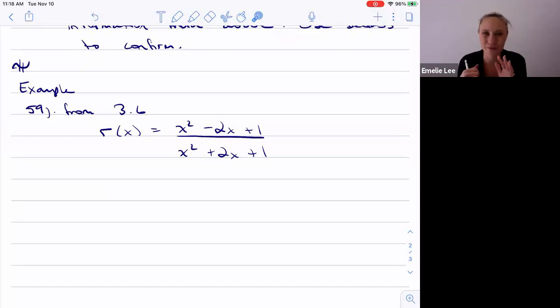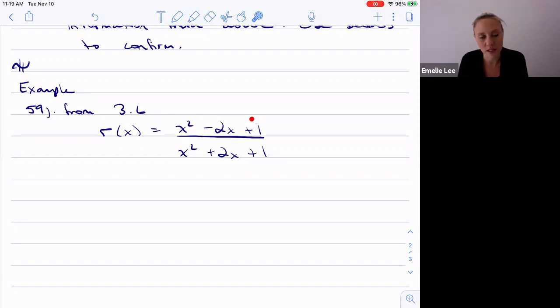This isn't a factoring question, it's just that factoring is something that we have to do to get to the answer. And so for here, you can absolutely use the quadratic formula to factor this. I'm just going to look at this and say, okay, I need to find two numbers that add to -2 and multiply to 1.